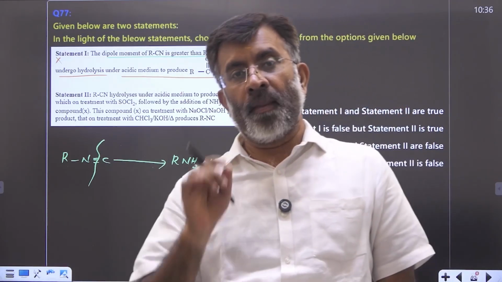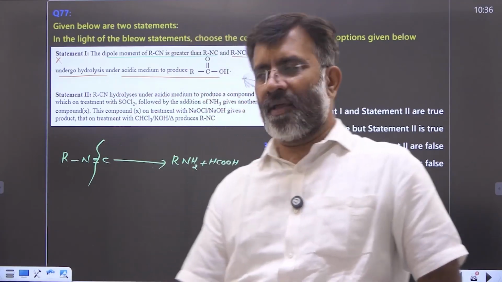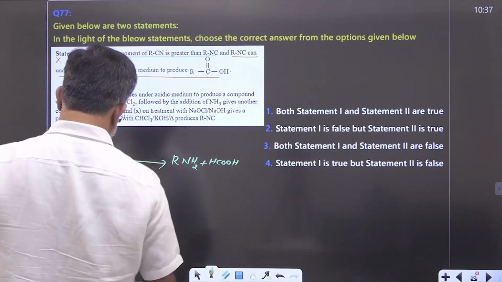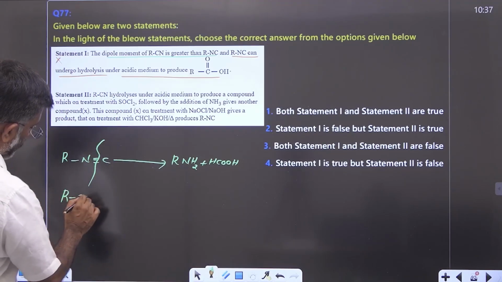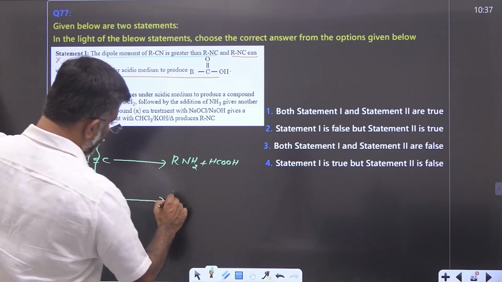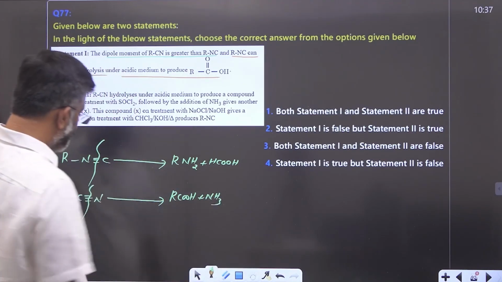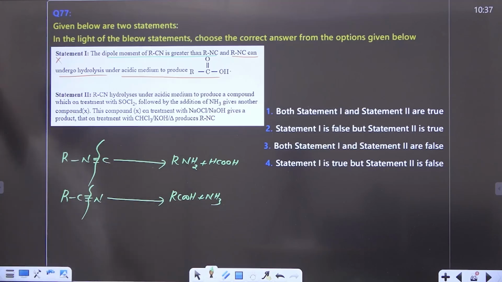RNC will give you RNH2 plus HCOOH, while for RCN it is correct. RCN upon hydrolysis is going to break here. You will get RCOOH and ammonia. That is correct.